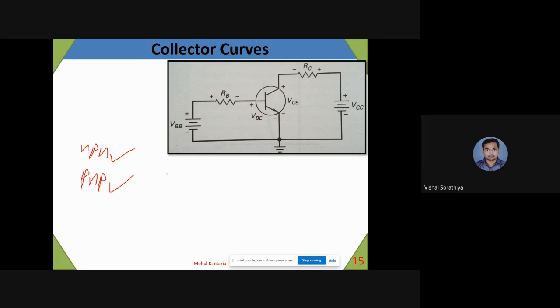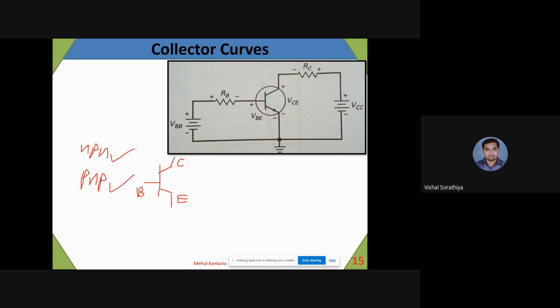If it is an NPN transistor, this is the diagram for it. This is a transistor, this is a base, and you can always represent it like that. Over here there is a collector, over here there is an emitter, and over here there is a base. You can simply write it like this: base, emitter below, collector above.